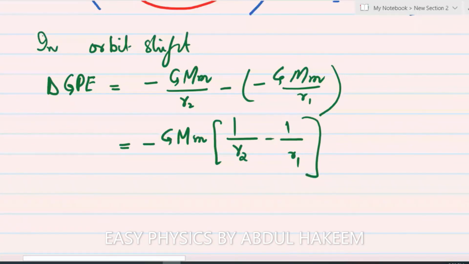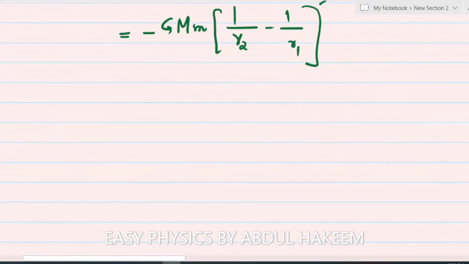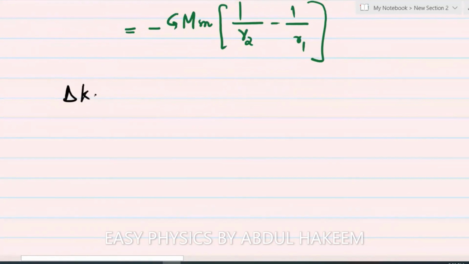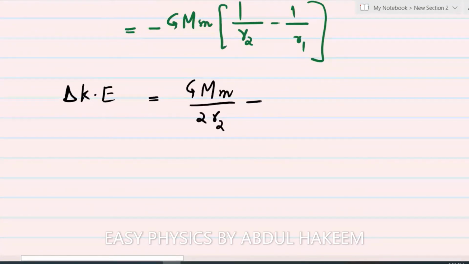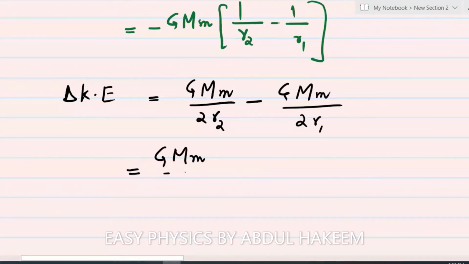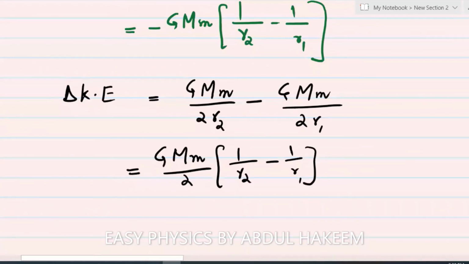Now, what is the change in its kinetic energy? Definitely in the lower orbit, gravitational potential energy decreases. This means the kinetic energy will increase. So the change in kinetic energy is equal to GMm over 2R2 minus GMm over 2R1. Now, common GMm over 2 times 1 over R2 minus 1 over R1.